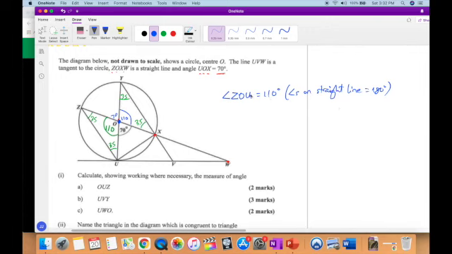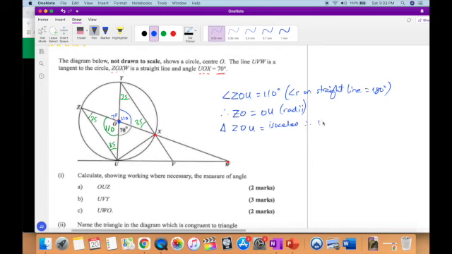And then the next mark you get is, therefore, you had to state that ZO equals OU because radii, hence the triangle ZOU is an isosceles.